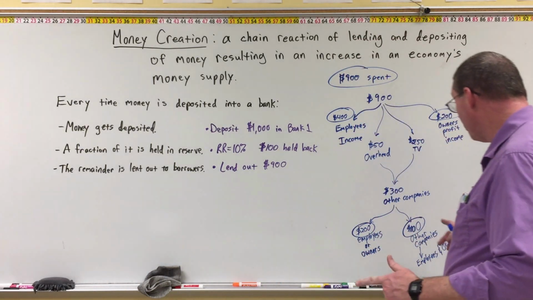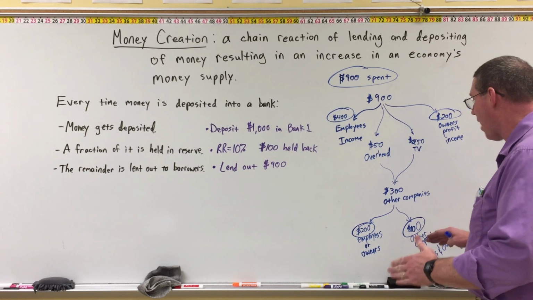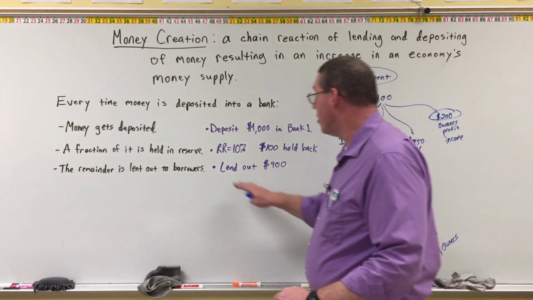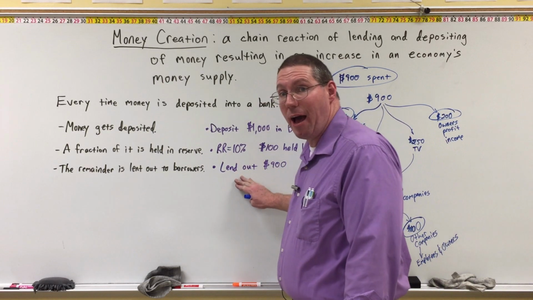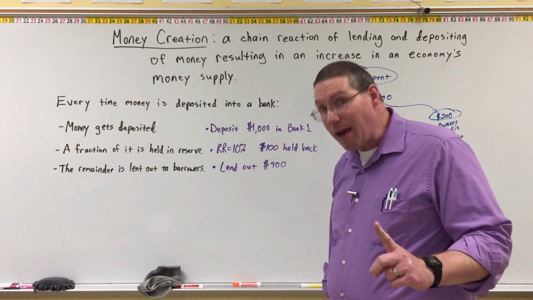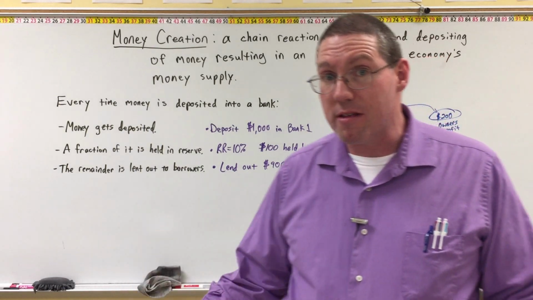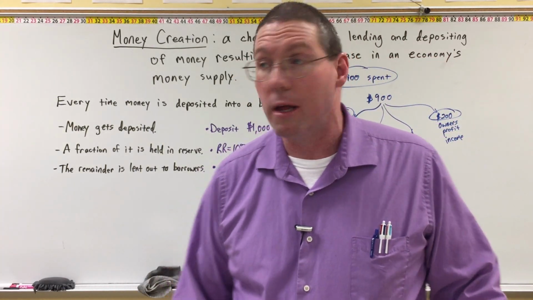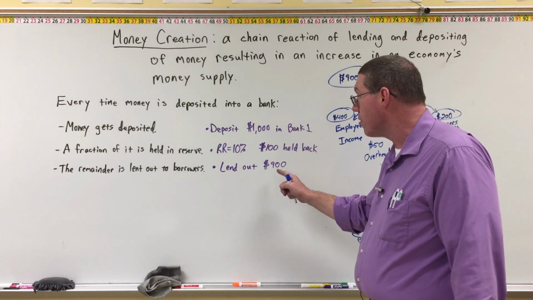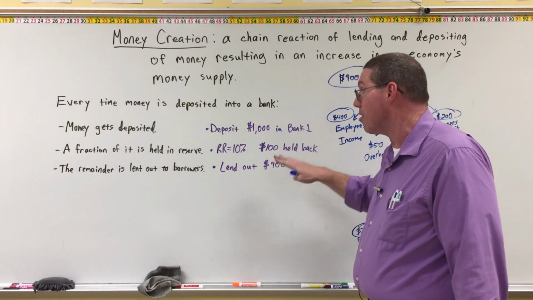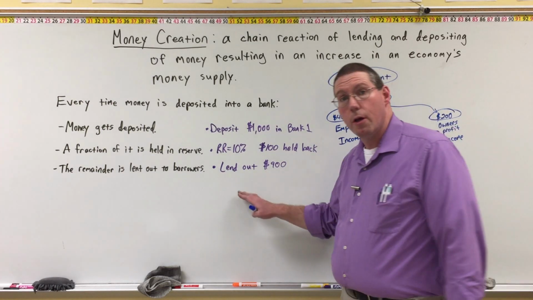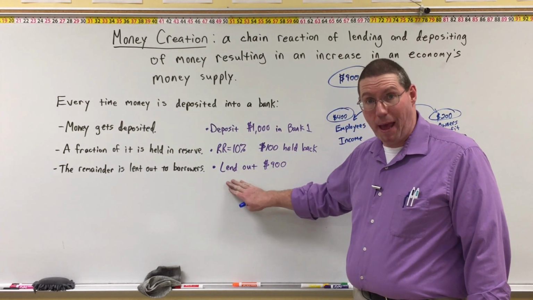And what those people do is they deposit that money into the bank. So this $900 that is lent out ultimately is either going to become a deposit for the business or a deposit for an individual employee. But all $900 is going to be spent, then deposited into a bank. What is lent is spent.